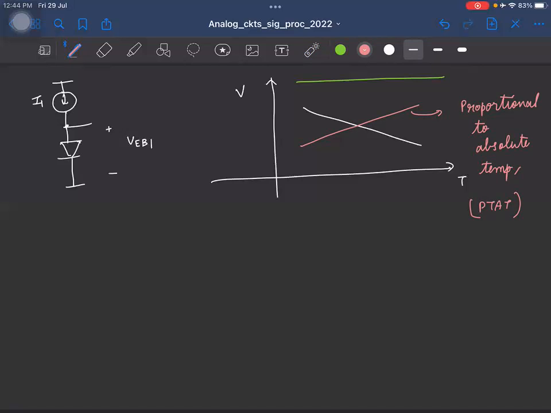Cool. So now let's see how we can generate such a PTAT voltage. For that, let's look at the forward bias diode voltage expression. It was VT ln I1 by IS.